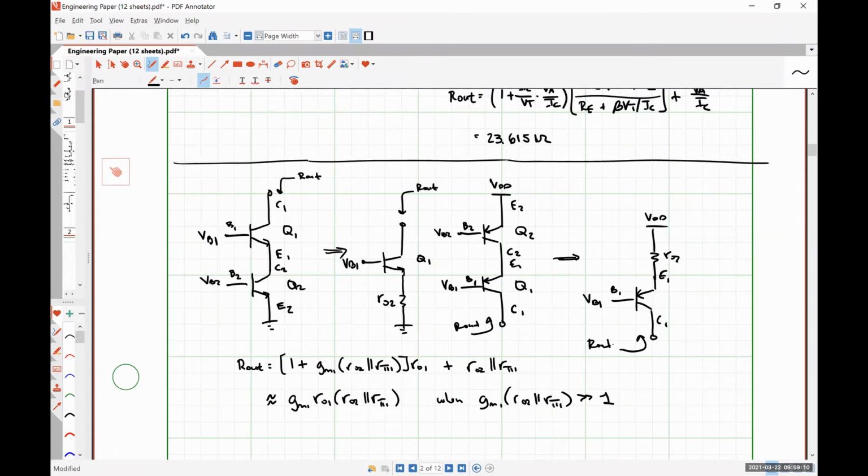The primary benefit of this is that our headroom requirement is a lot lessened. And what I mean by that is, as long as transistor Q1 is deep within the forward active region, we can actually allow transistor Q2 to slip into soft saturation because it's being fed a fixed amount of current.